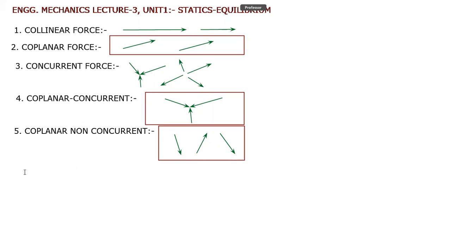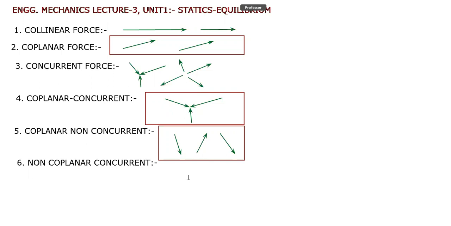Then sixth one is non-coplanar concurrent. Now what is meant by this non-coplanar concurrent?